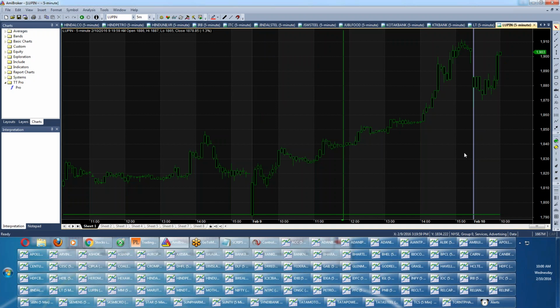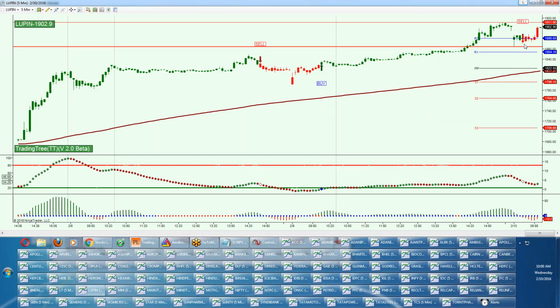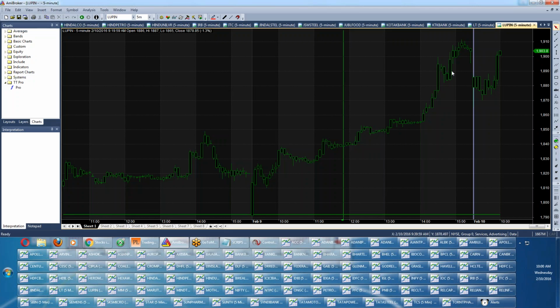So this is another example. Now, when you look at the chart in your TradingTree, you have a sell alert here, but I was telling you that this might not trigger. So if you go back and have a look at your Ammyy, you can compare it. You don't have any sell alert or sell confirmation here.